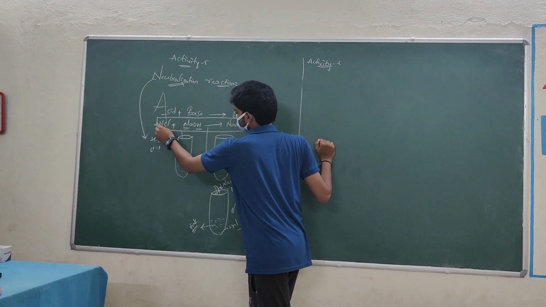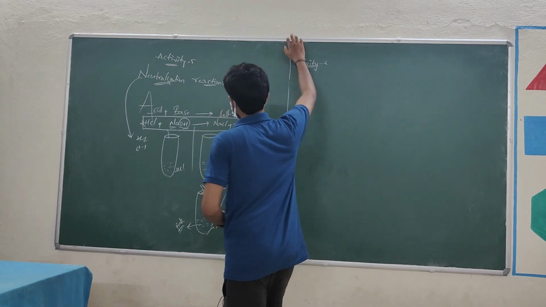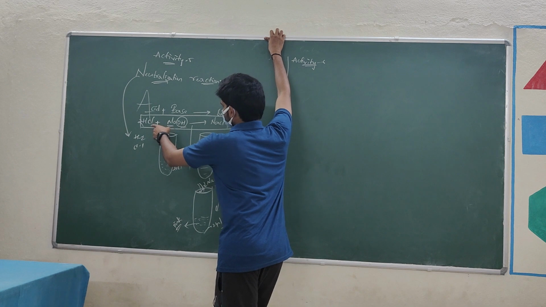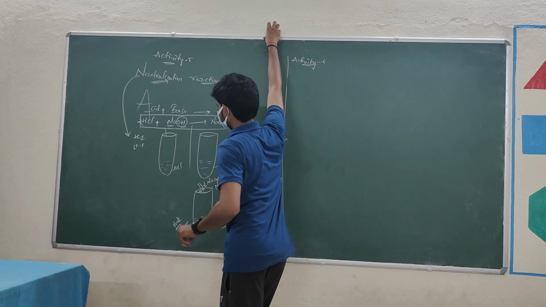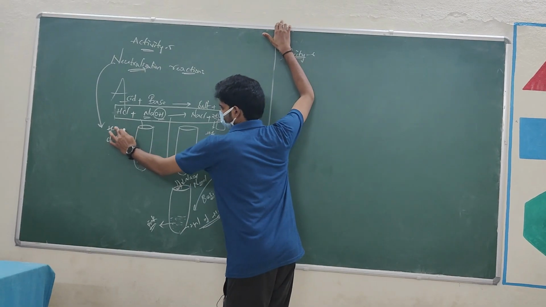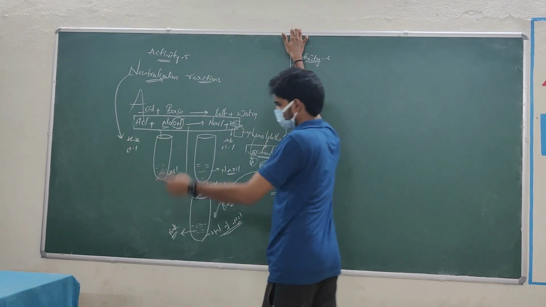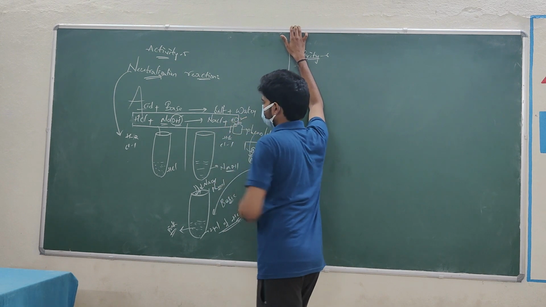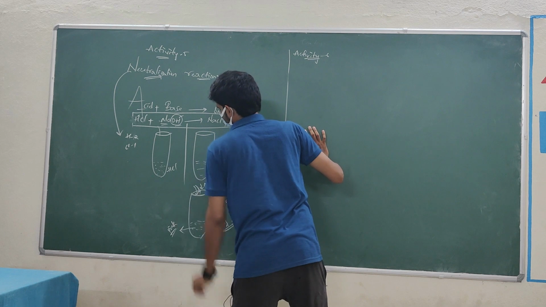With the 2 removed, 1 plus 1 is 2, so it's balanced, right? So no need to add anything here, just keep the equation as it is, and you can easily balance the equation.